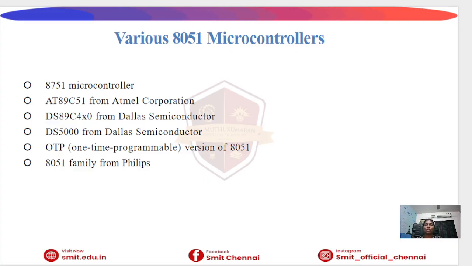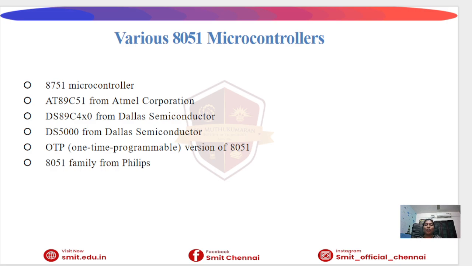Over time, many companies have manufactured their own versions of the 8051. For example, the 8751 is an EPROM-based version, and the AT89C51 from Atmel is very popular in labs.